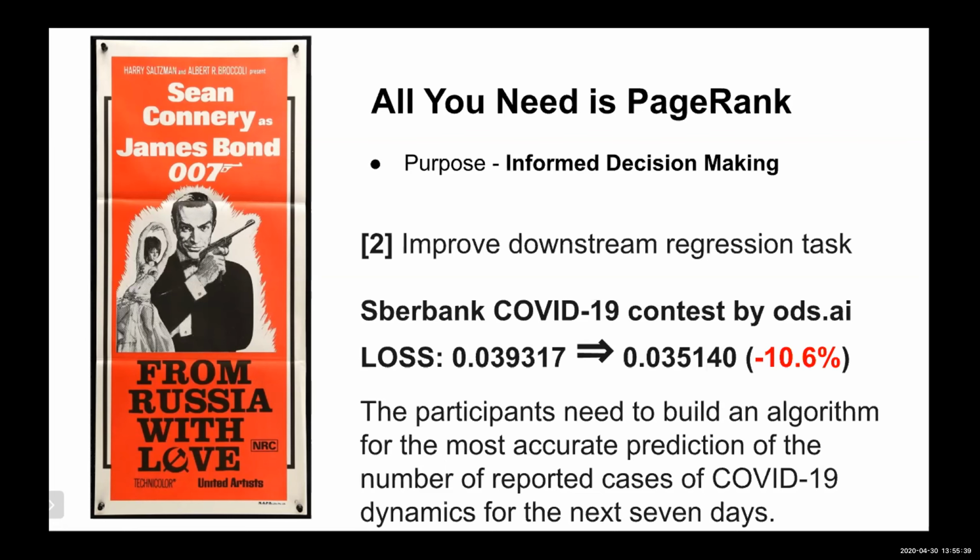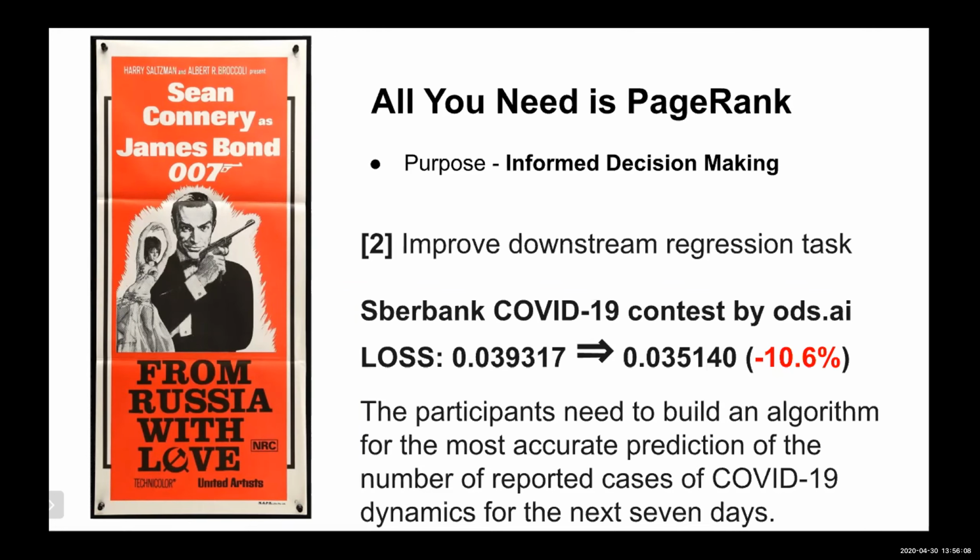We want not only to define some alike regions and cities, but also we want to improve a downstream regression task. At the moment, a major Russian bank runs a machine learning contest where participants have to predict how many infections and casualties are going to happen next week.